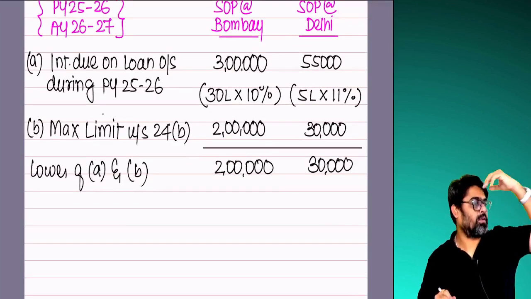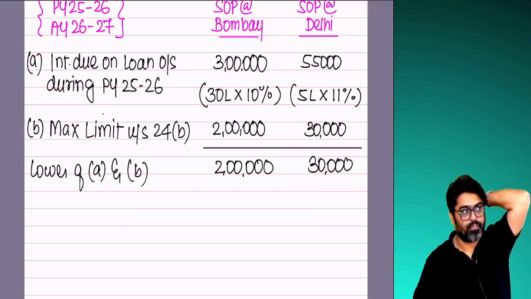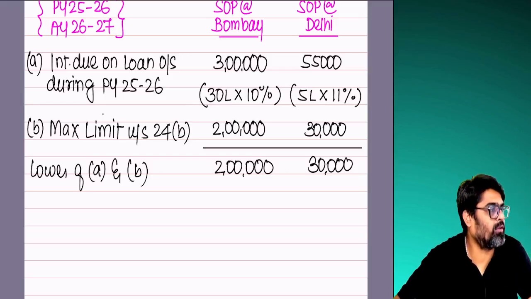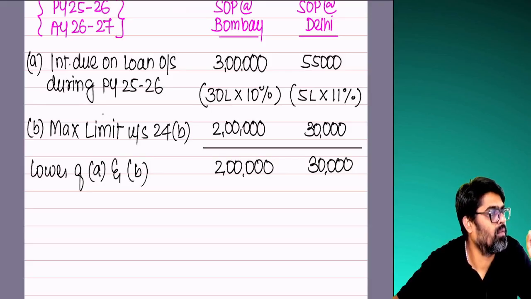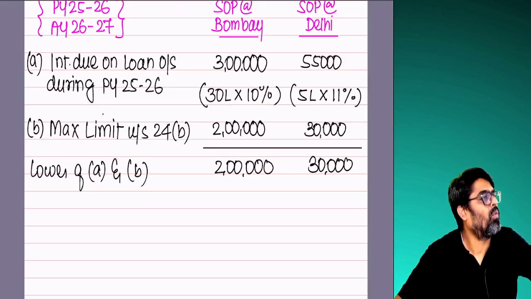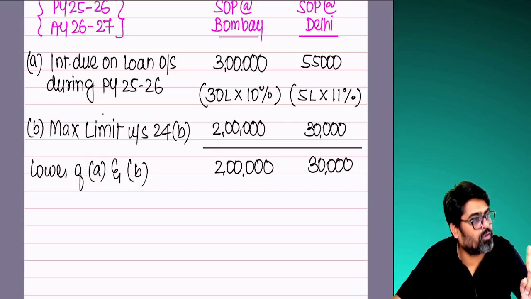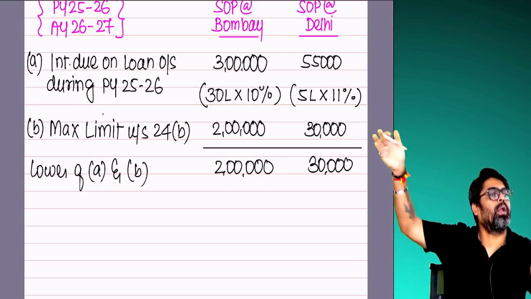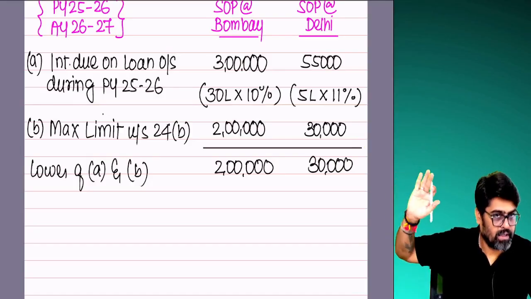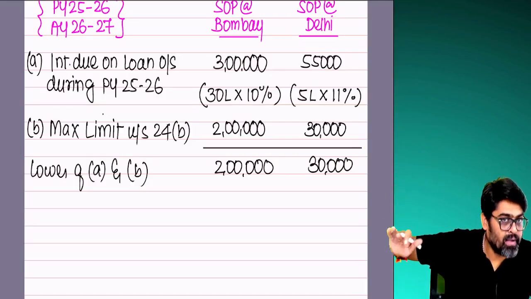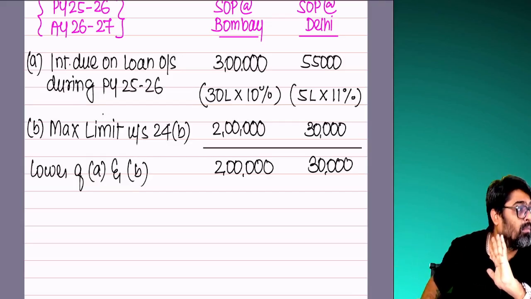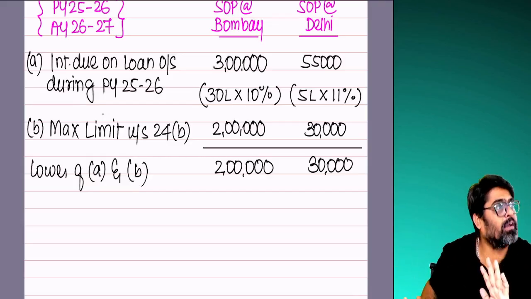Now pay attention. Are you an assessee? If you have one SOP, one assessee having one SOP can claim interest under section 24B, maximum 2 lakhs, or 30,000 as the case may be, yes or no?